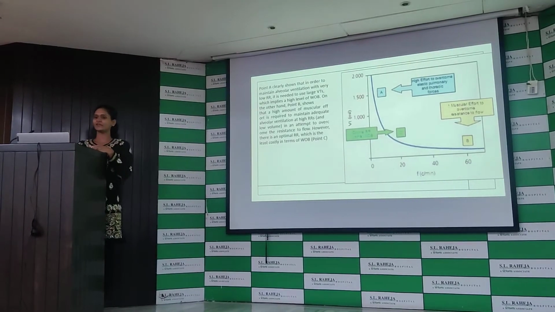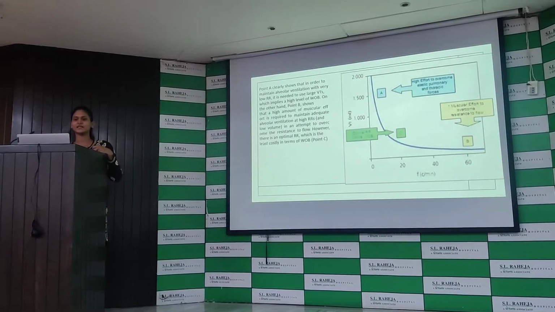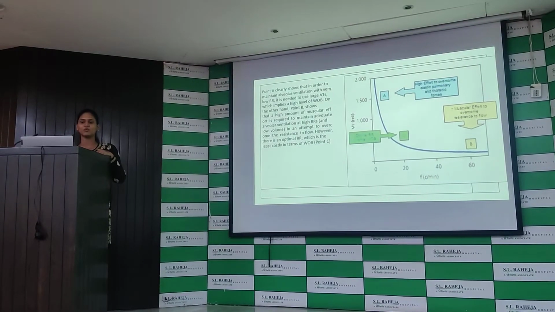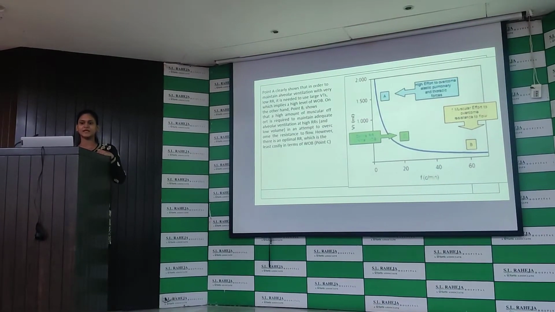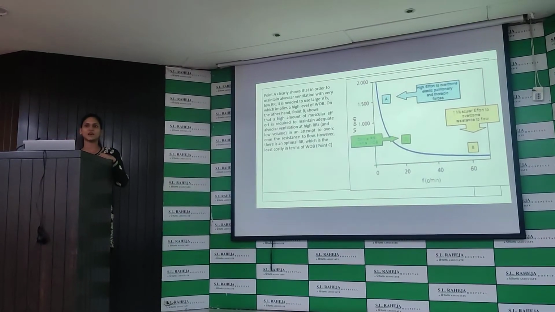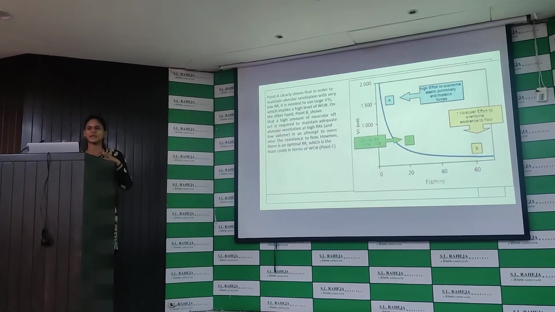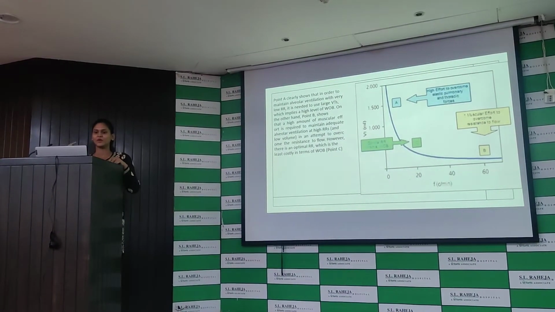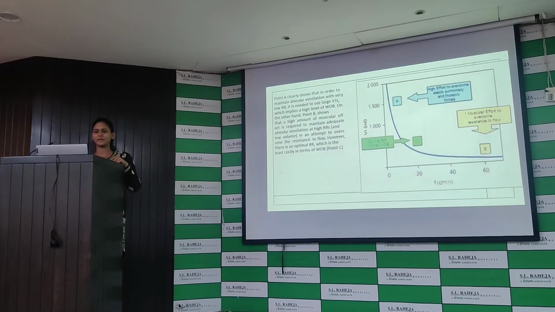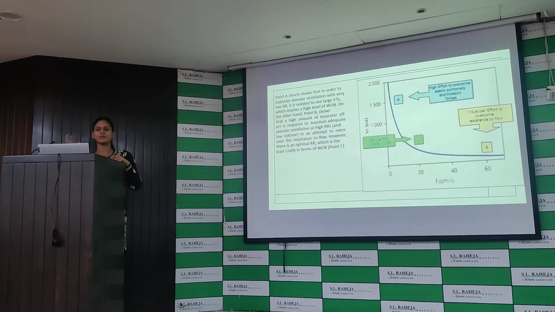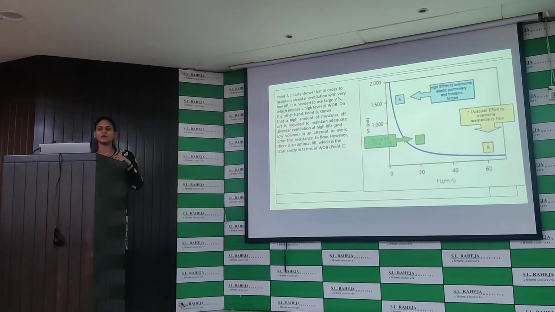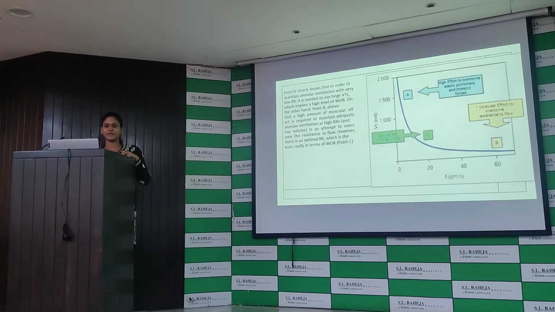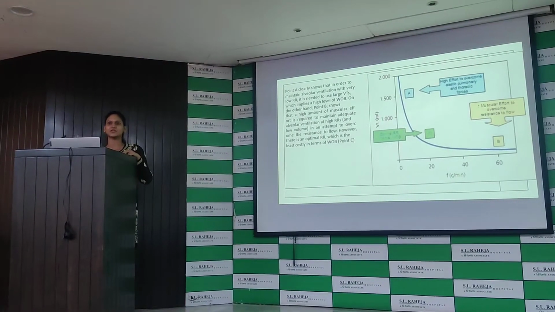Now point A clearly shows that in order to maintain alveolar ventilation with a very low respiratory rate, the patient uses larger tidal volumes, which implies there will be high work of breathing. On the other hand, point B shows that a high amount of muscular effort is required to maintain adequate alveolar ventilation at a high respiratory rate, in an attempt to overcome the resistance to flow.